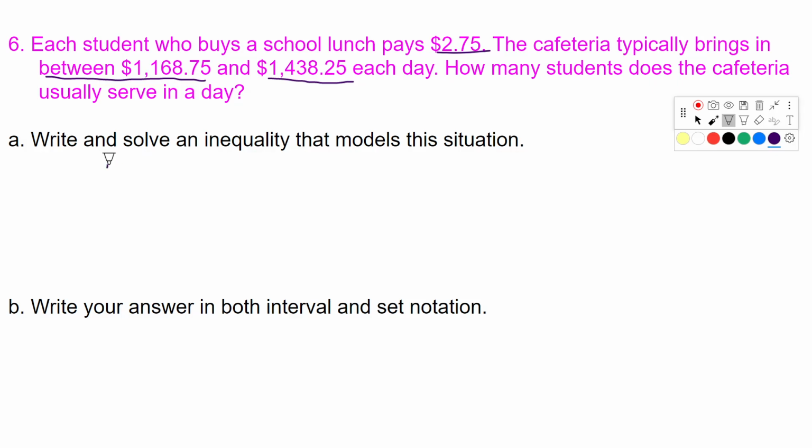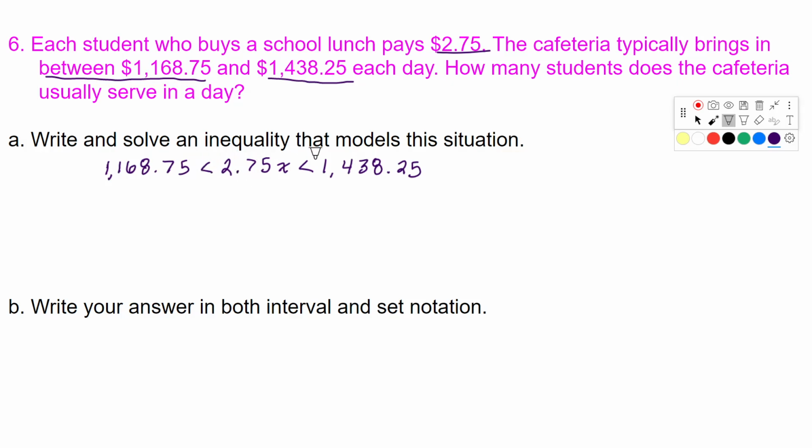Well, somewhere between 1,168.75 is going to be less than the $2.75 per student, which is going to be less than the $1,438.25. Because this says between, it doesn't say that it's including those values.